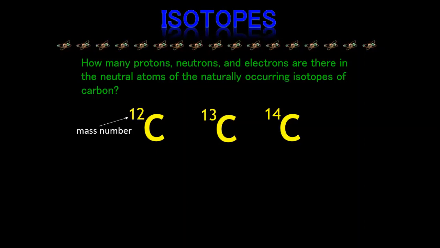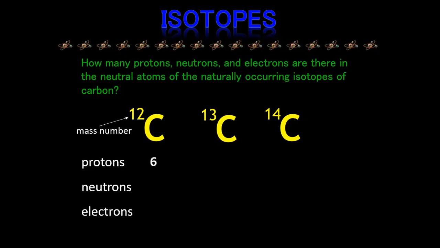Now if we look at your periodic table, try to find carbon. Carbon is up in the top right hand side. It's element number 6. That number 6 is the atomic number, and it is the number of protons in the nucleus of every carbon atom.